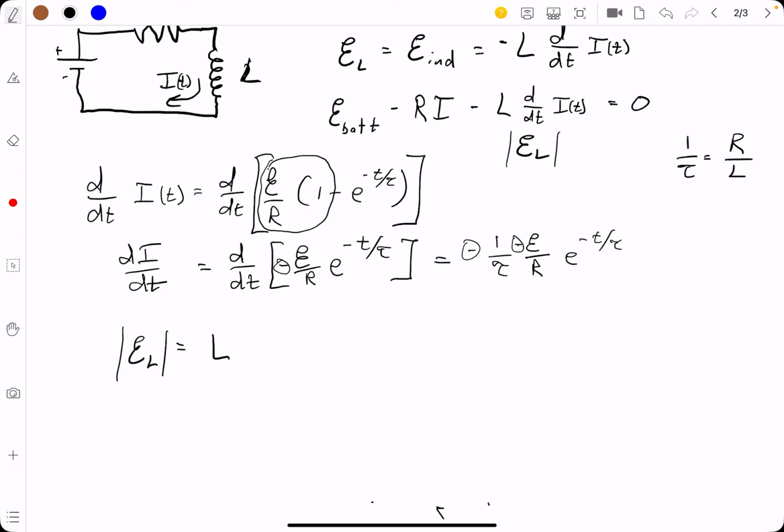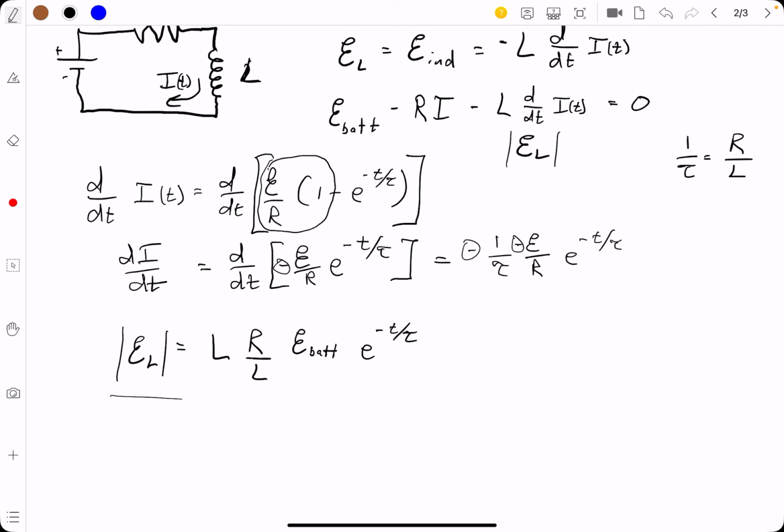We've gotten rid of our negative signs, so that's fine. So we've got R over L, and then we've got our EMF. Now, that EMF is the battery EMF, okay, instead of our EMF induced, so battery EMF, and don't forget our e to the minus t over tau.